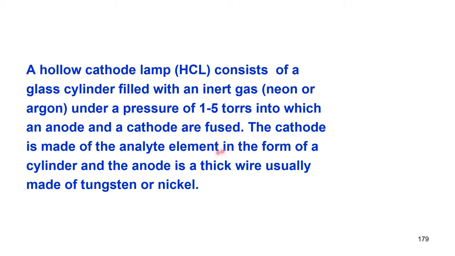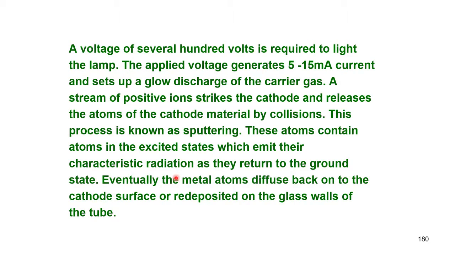The cathode is made of the analyte element in the form of a cylinder, and the anode is a thick wire usually made of tungsten or steel. To make any bulb you need a cathode and anode. The anode is tungsten or nickel, but the cathode is made of a thin film of the metal which you want to determine. That is how a hollow cathode lamp is made.